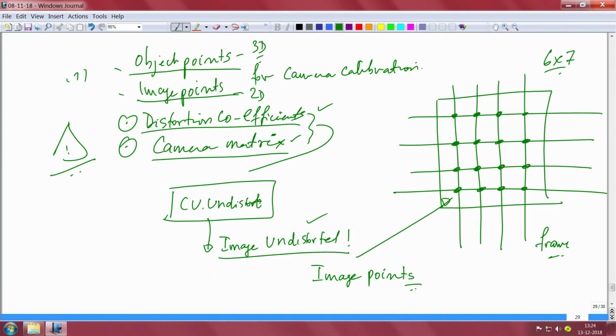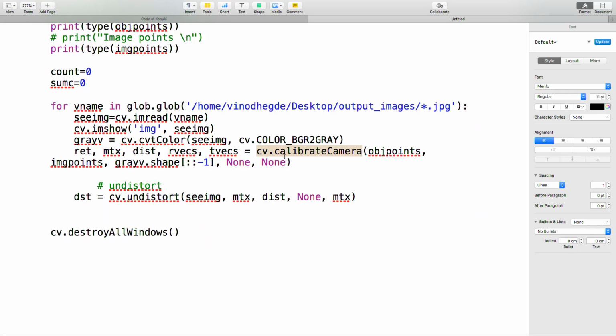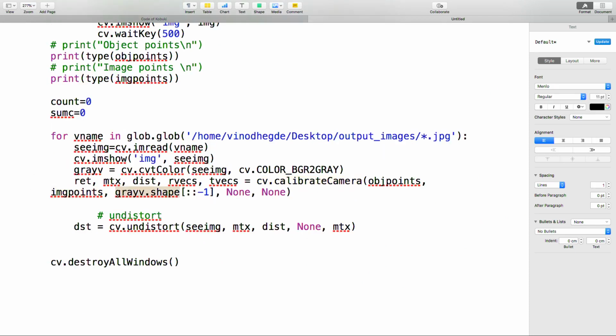What do you do with all these points? In this code you use the OpenCV function called cv calibrate camera, to which you pass the object points, the image points, and also the size, which is 6 cross 7 in our case.